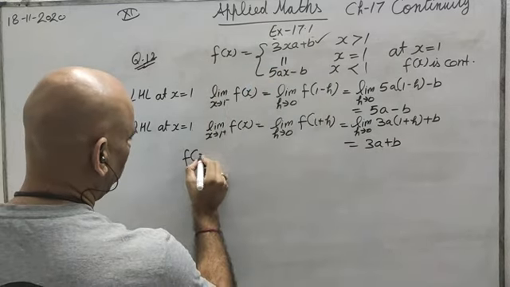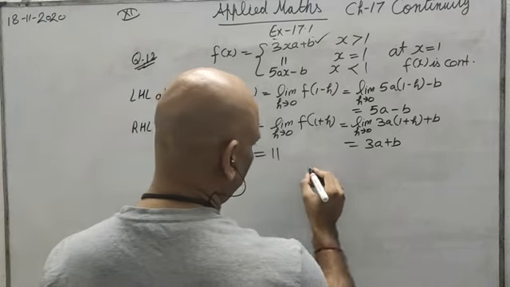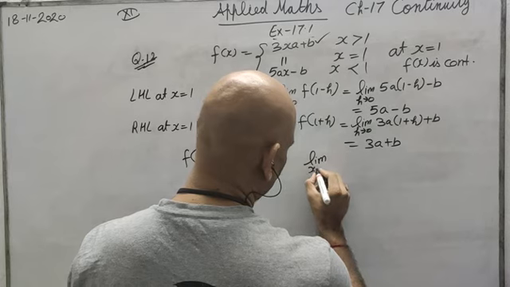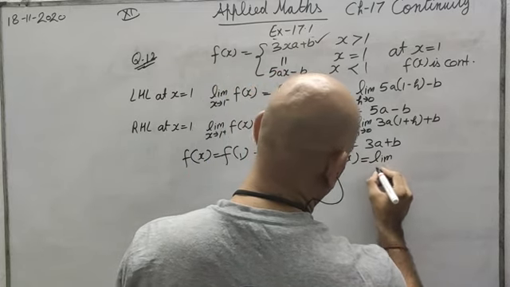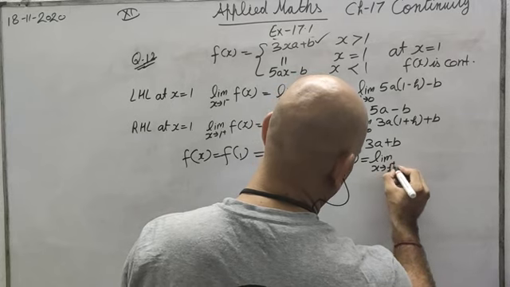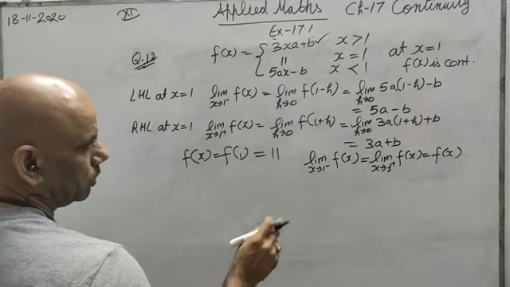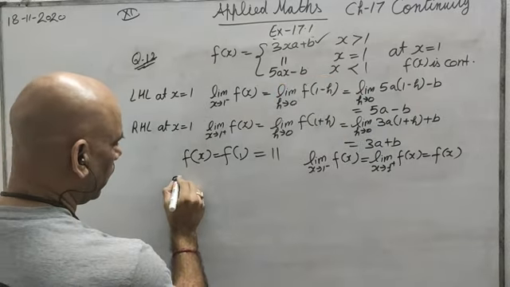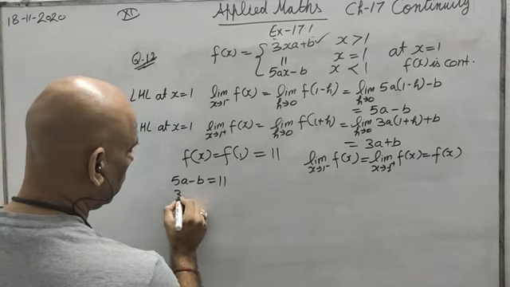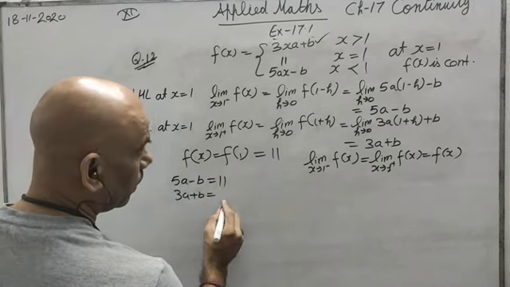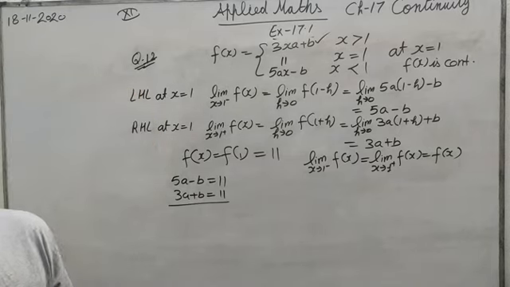And the value of f(1) is given as 11. Since the function is continuous, the left hand limit, right hand limit and the function value will be equal. So 5a minus b is equal to 11 and 3a plus b is also 11.